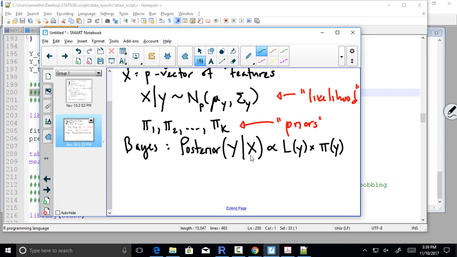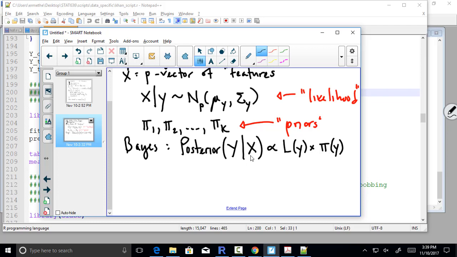I mentioned in a previous lecture that in terms of operating characteristics, like how many errors you make, the best classifier you can get is the Bayes classifier: the posterior probability, and then predict class Y if the posterior probability of class Y is sufficiently big.